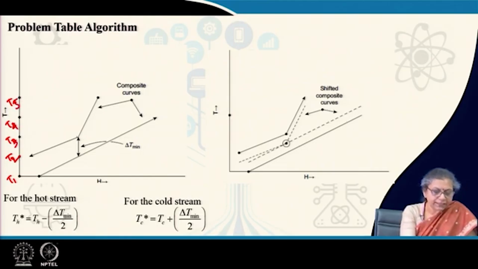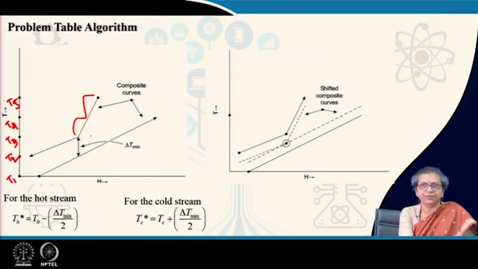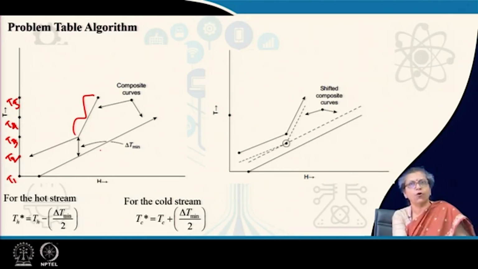Then we find that in the interval from T3 to T5, all the heat cannot be exchanged between the hot and the cold utilities, but some amount of heat can be transferred. What is the amount of heat that can be transferred? That depends upon the relative slope of the hot and the cold composite curves.